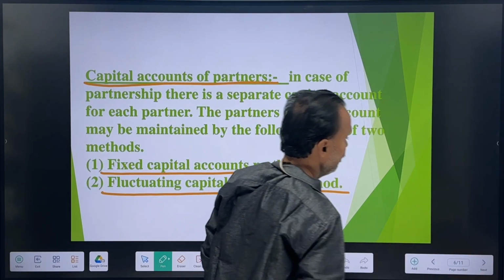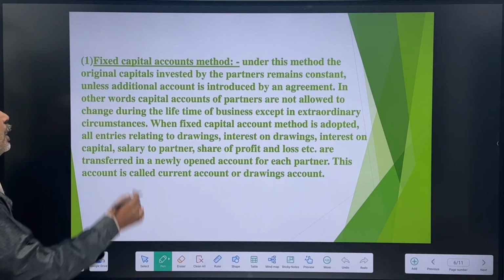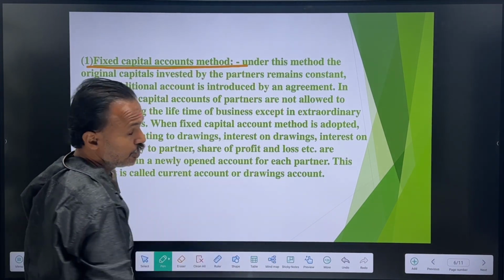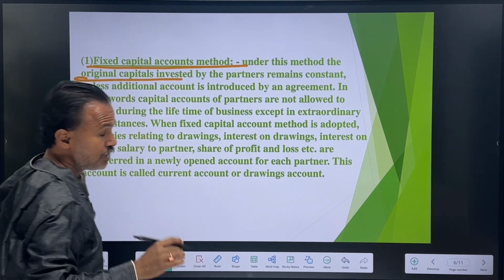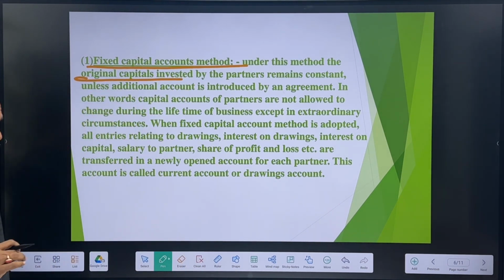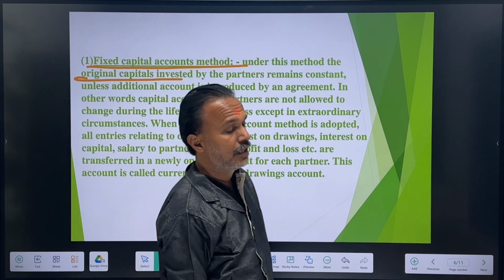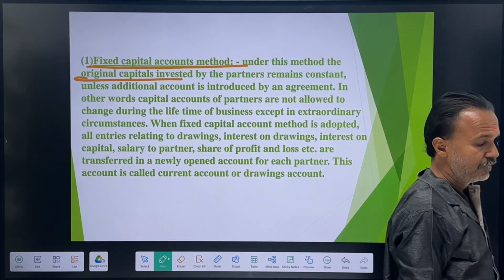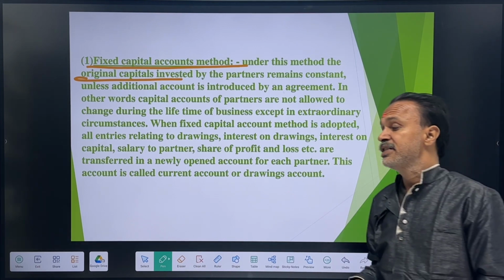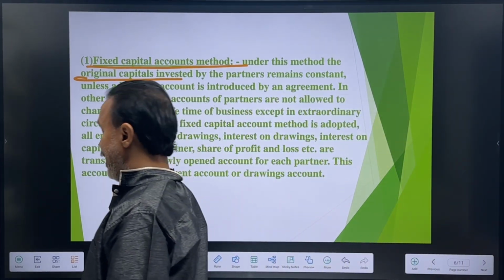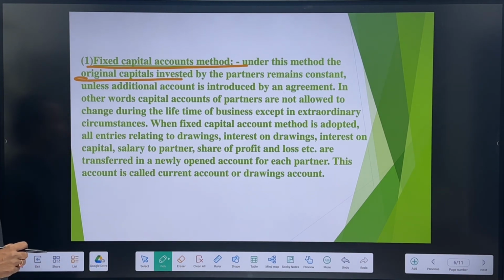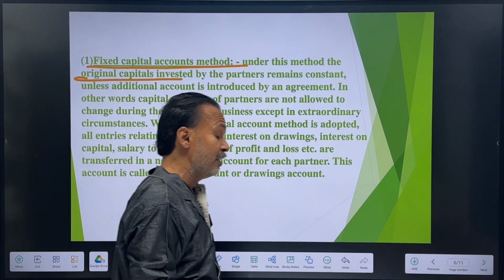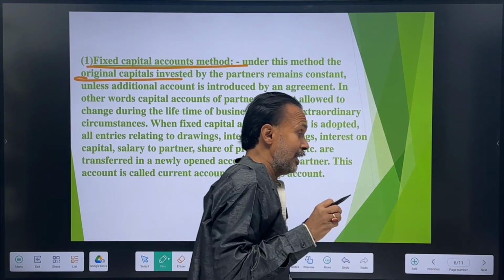Now first, fixed capital account. In the case of fixed capital account, the original capital invested by the partners in the firm remains constant in the whole life of the firm. There is no change in the capital unless in special circumstances, when additional capital is brought by the partner in the firm or capital is withdrawn by the partner from the firm permanently.